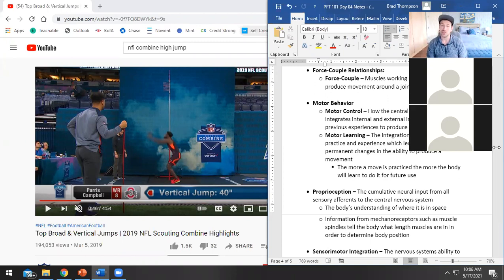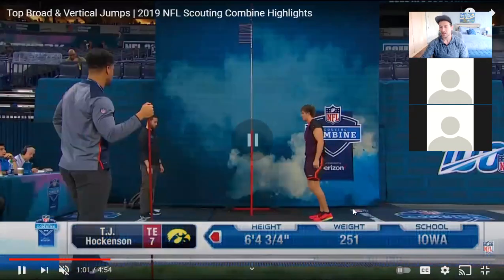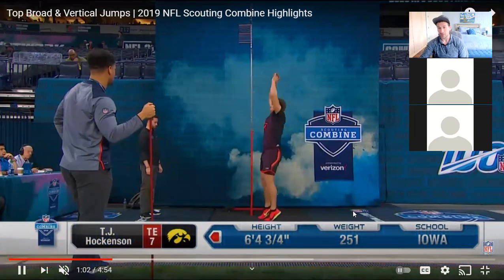Your nervous system is going to try to keep that from happening. So it will actively contract that same muscle that you over-lengthened, in the opposite direction. So when they throw their arms down, they're going to try to contract along with it. What we wanted was a big glute contraction, right? So we're getting what we want, and our nervous system is doing it for us. That's going to allow us to jump even higher.